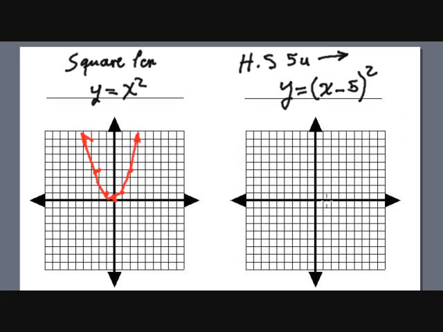Now the new vertex is no longer 0, 0, it is 1, 2, 3, 4, 5, 0 here. This is 6, 1, then 2, 4. Okay, this is our new parabola.